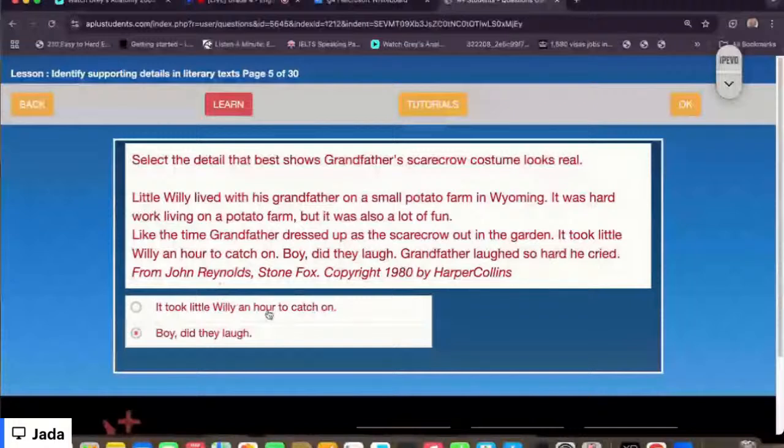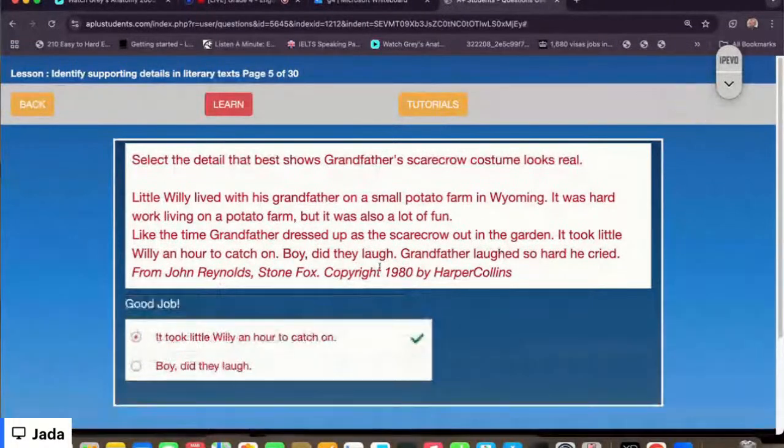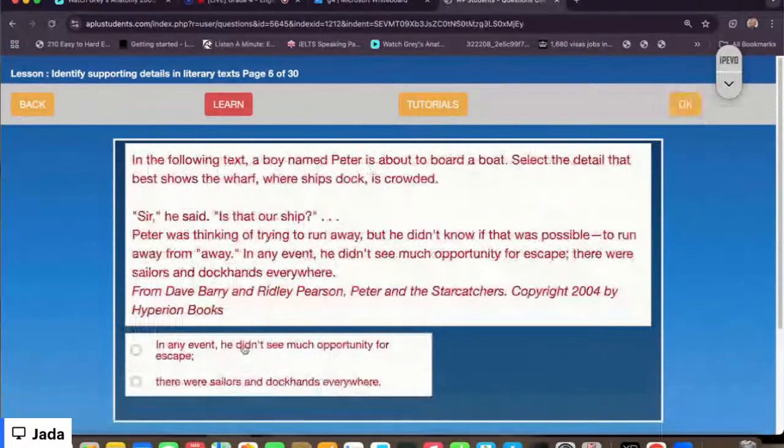So it took little Willie an hour to catch on. Okay, so that means the scarecrow costume really looked real.